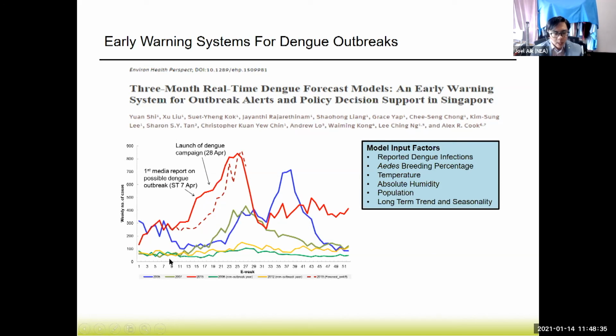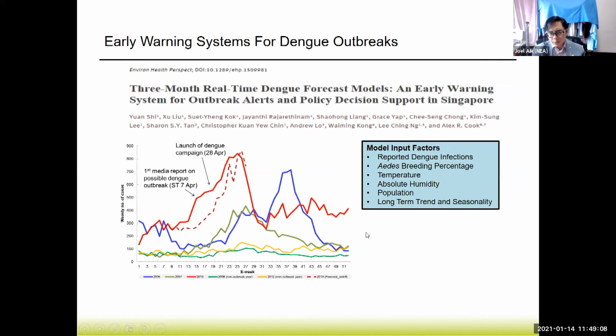So imagine that you were at E-week 9 or 10 in the early part of 2013, and we did a projection, and that's depicted by the red dashed line. So we predicted that, and the bright red solid line was the observed line, although it was not a complete match. But basically, this forecast model enabled us to prepare for what was back then a historical outbreak for Singapore.